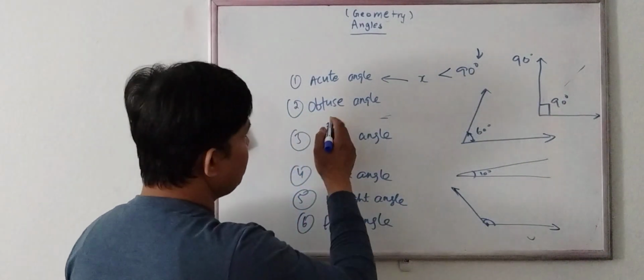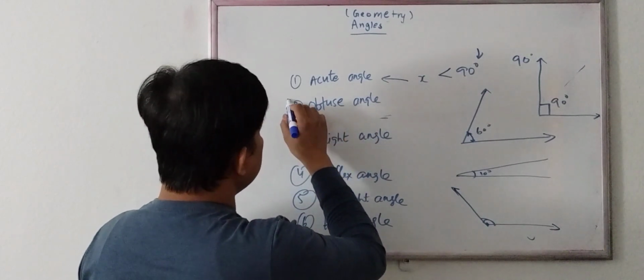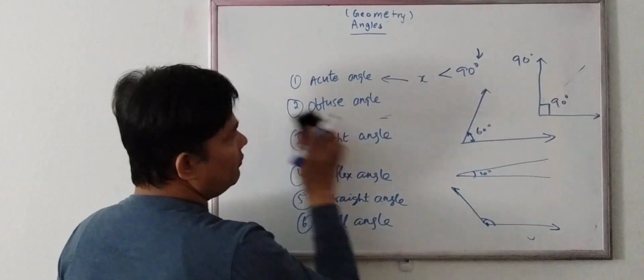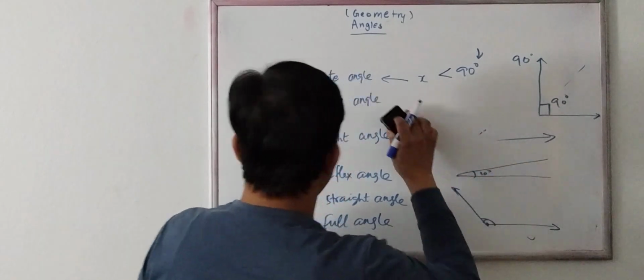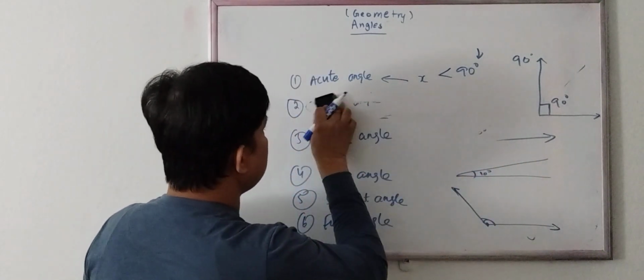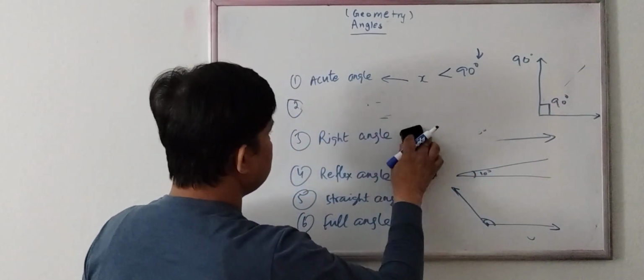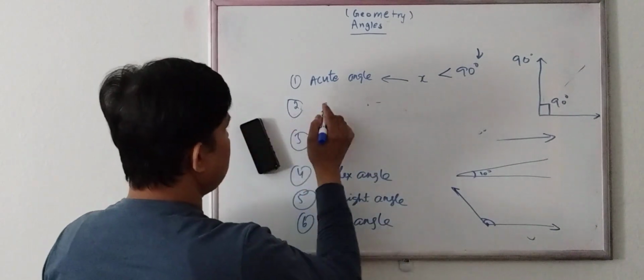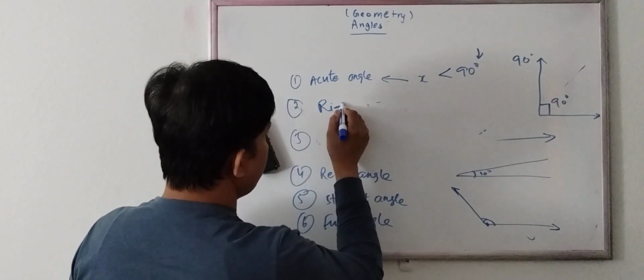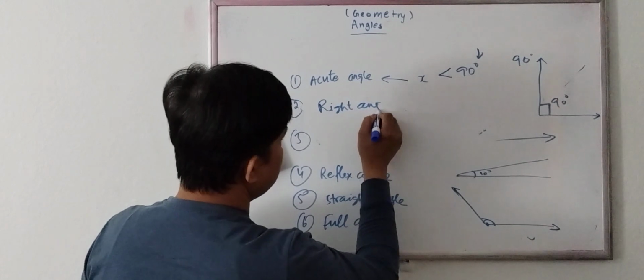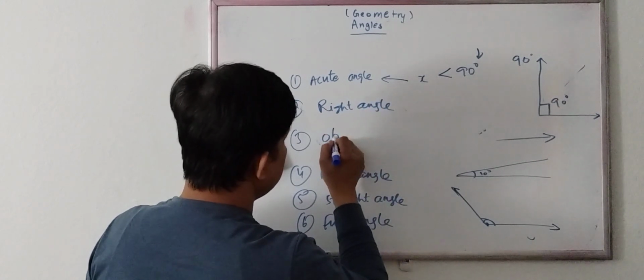Then obtuse angle. Maybe, before obtuse, we'll do the right angle. Right angle, and obtuse angle.